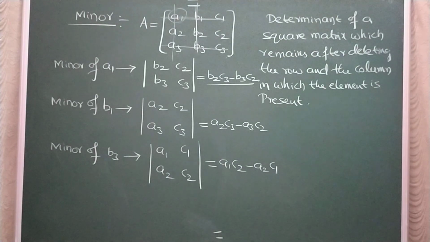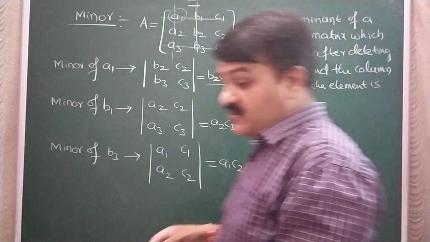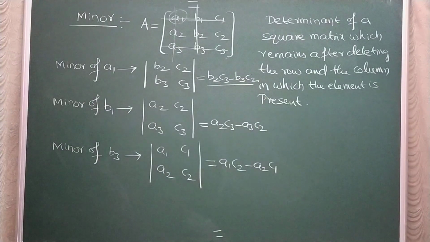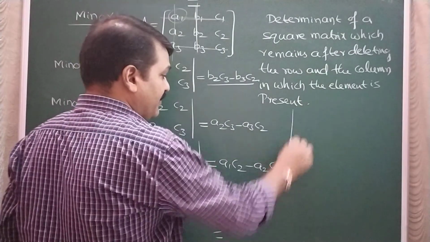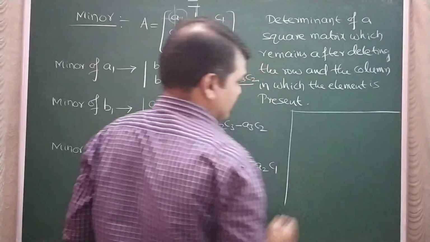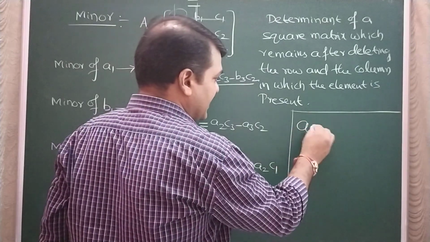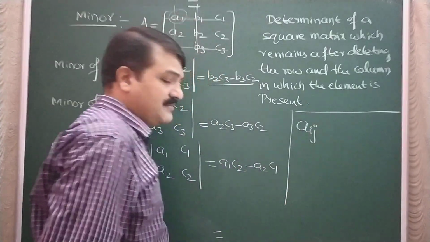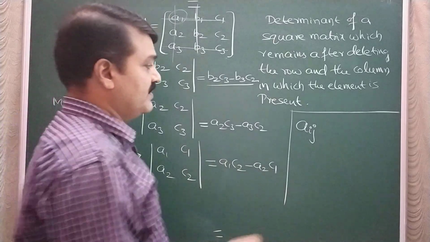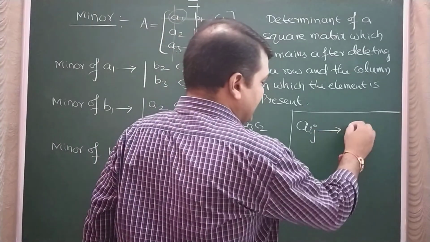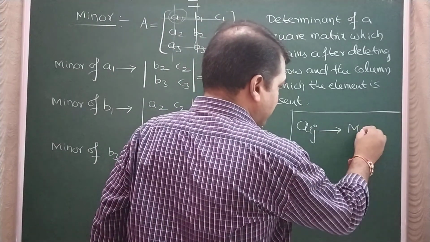So now we will discuss what is cofactor of a matrix. Before going to cofactor, how we are going to represent minor? For example, Aij is a general element. Its minor will be denoted as capital Mij.